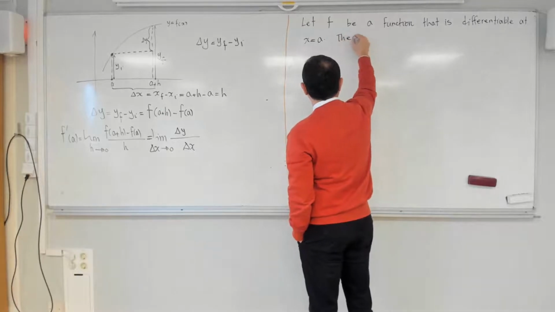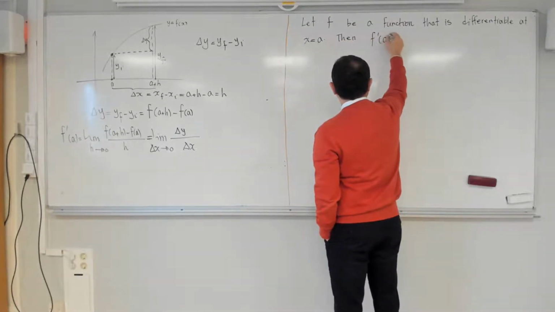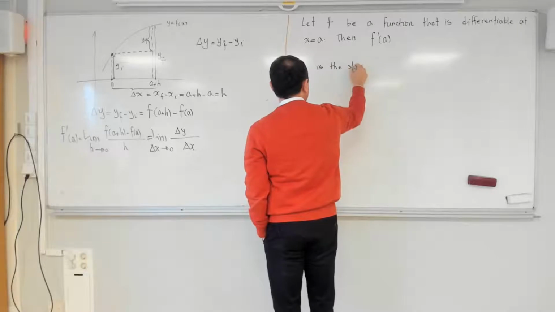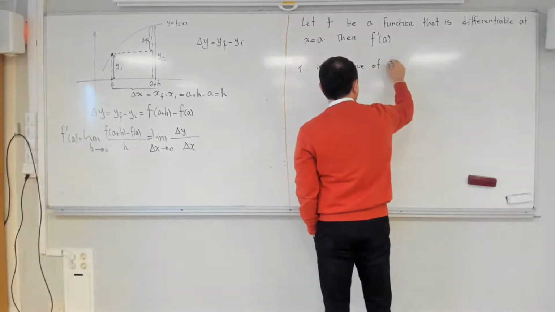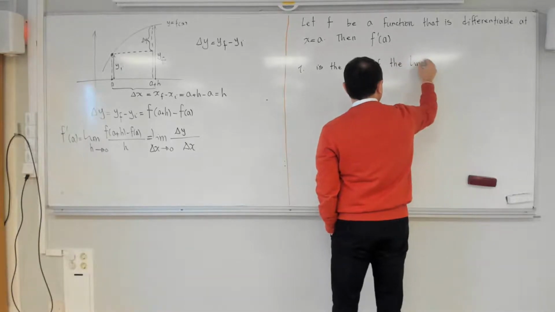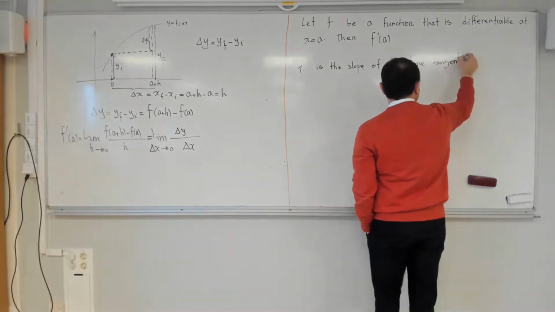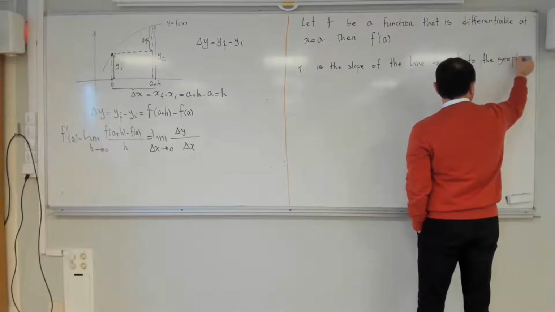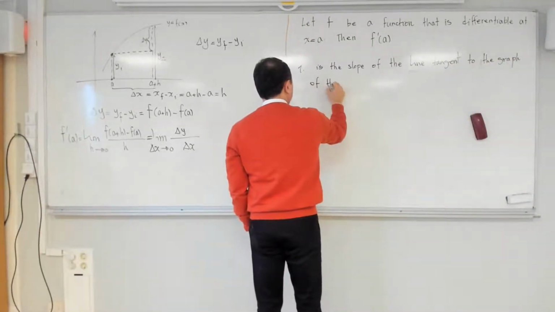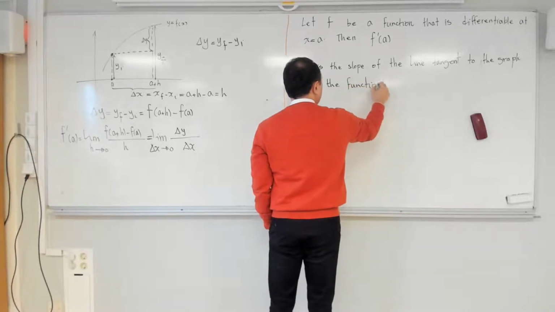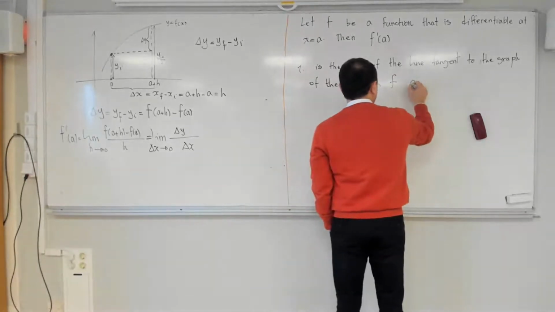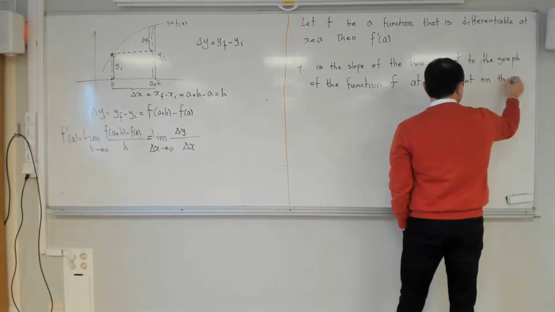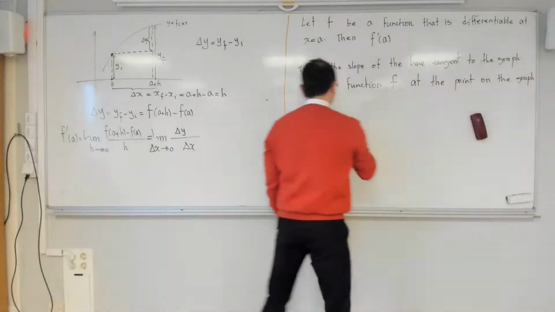Then f prime of a, number one, is the slope of the line tangent to the graph of the function f at the point on the graph whose x coordinate is a.